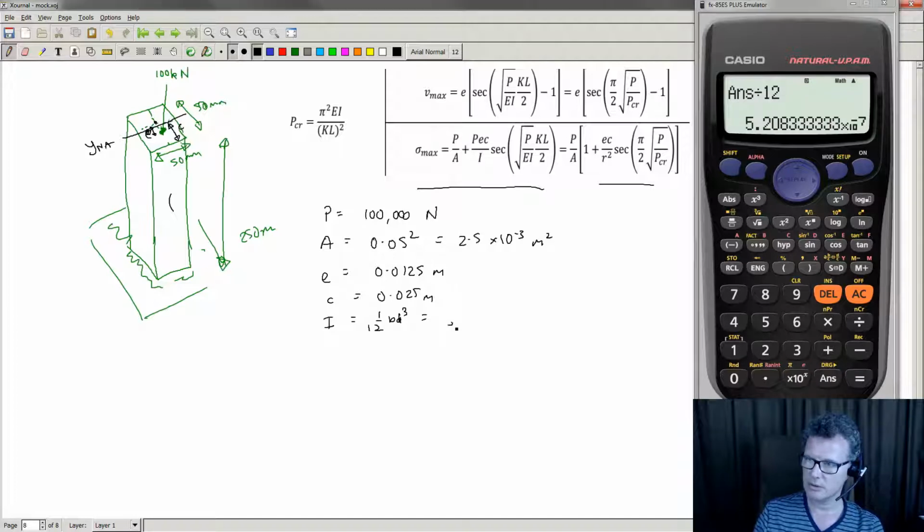So that equals 5.7083 times 10 to the minus 7, and that would be in meters to the power 4. So that's my I. P done, E. So I'm going to need to know what my E is.